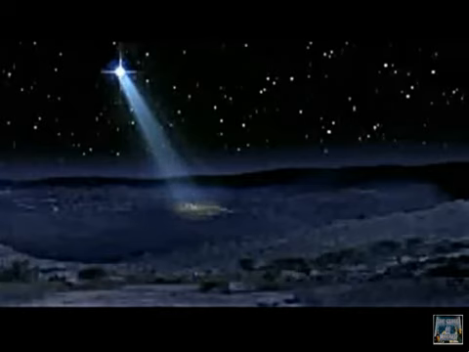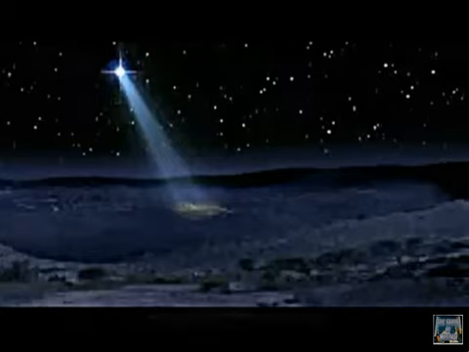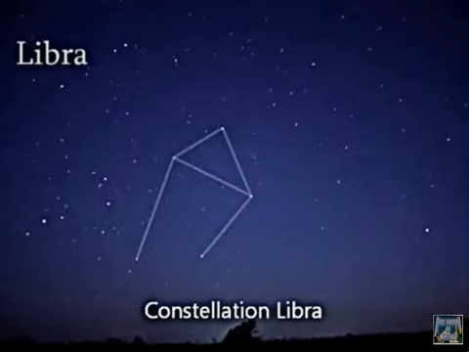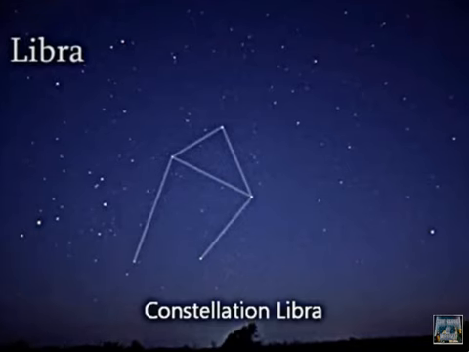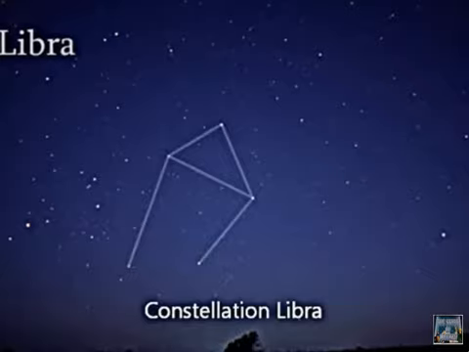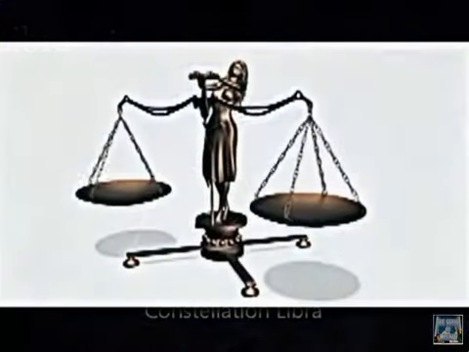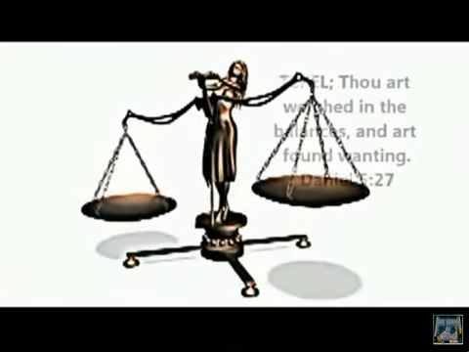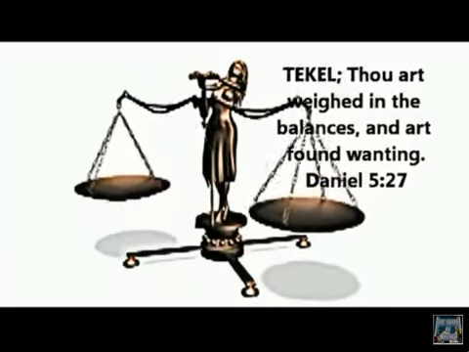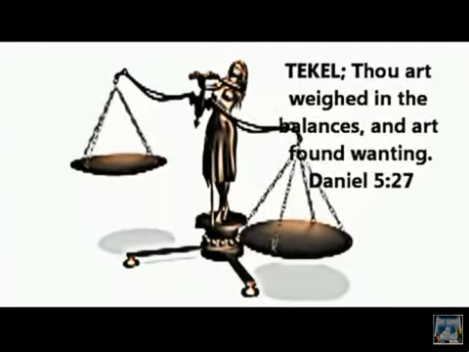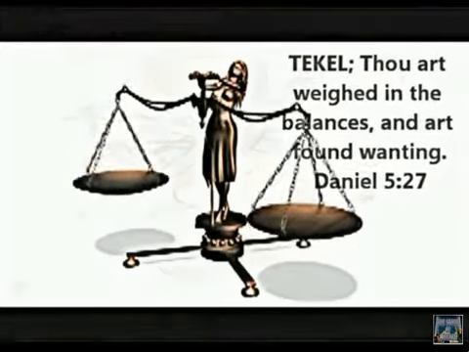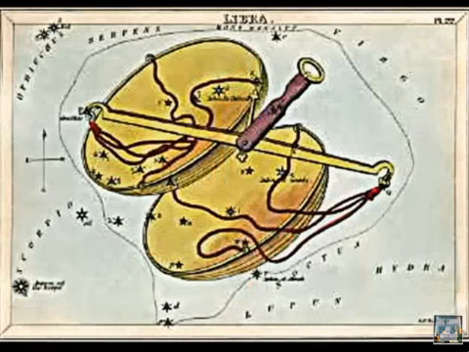Let's look at Libra. Libra is interesting, and Libra means the scales. In Daniel 5:27, when he spoke to Belshazzar, it tells us, "Thou art weighed in the balances and found wanting." It's interesting that one of the stars in this picture, in Arabic, means the price deficient.